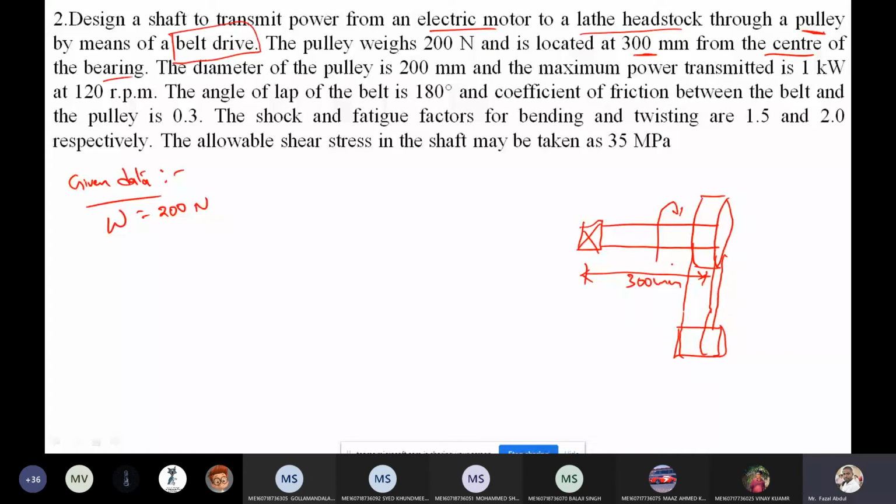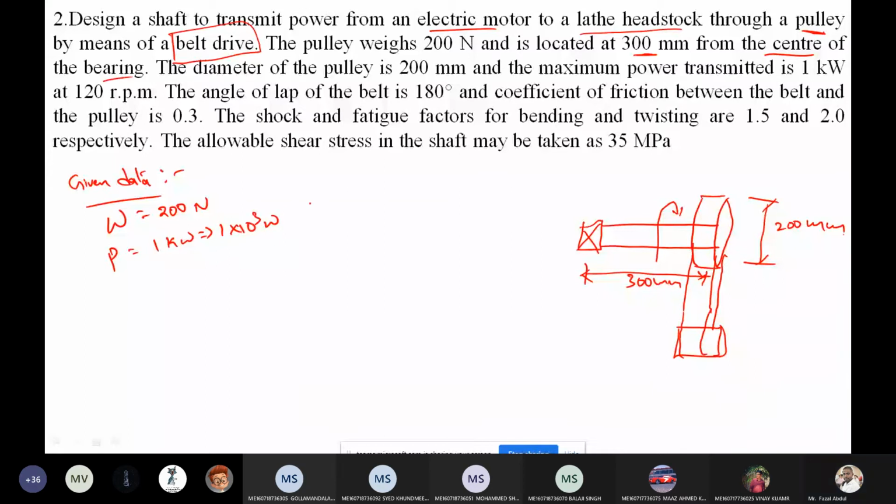The diameter of the pulley is given as 200 mm. And the maximum power transmitted is 1 kilowatt. I'm writing in terms of watts, 1 into 10 to the power of 3 watts.